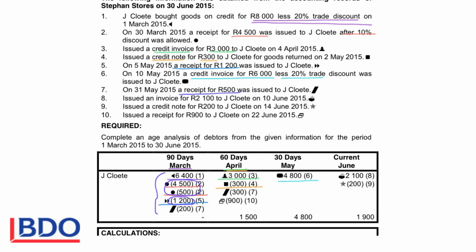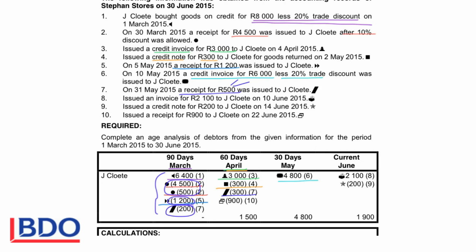So there's an outstanding amount of 200. So of this 500 that we receive, we will take 200 out of March and show that there's no outstanding amount for March now. And then we will take the rest of the amount, the 300, from the April and show that the debt reduced with 300 in April.